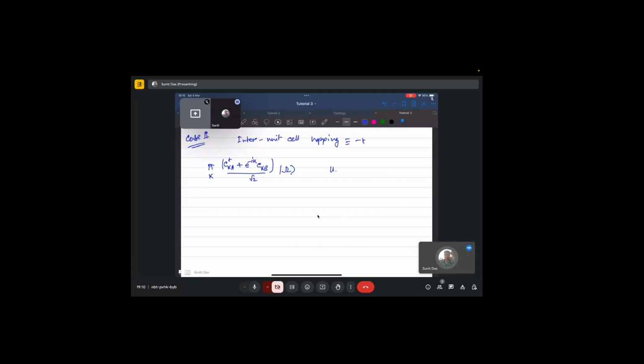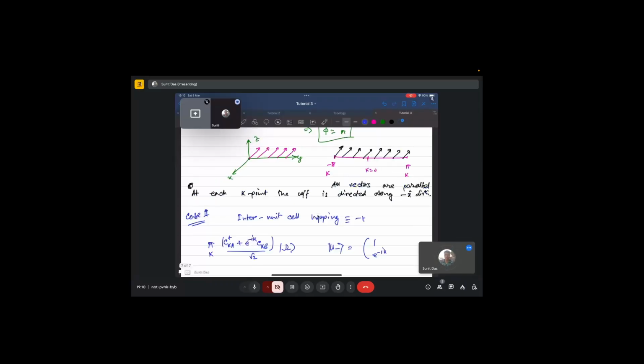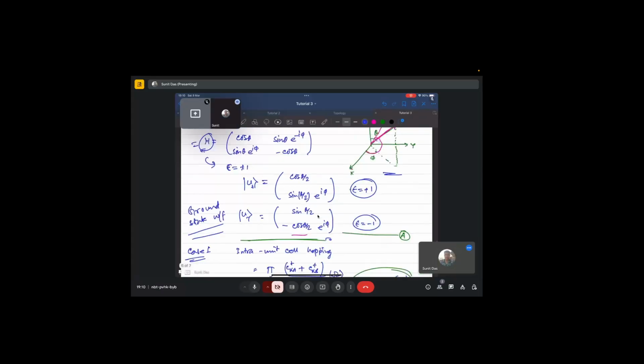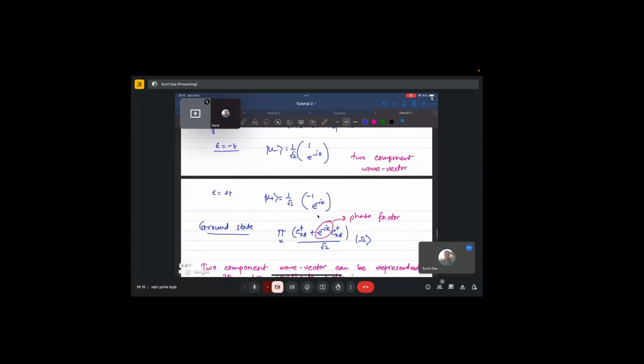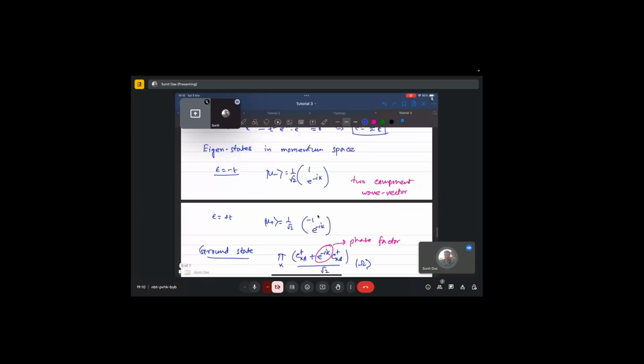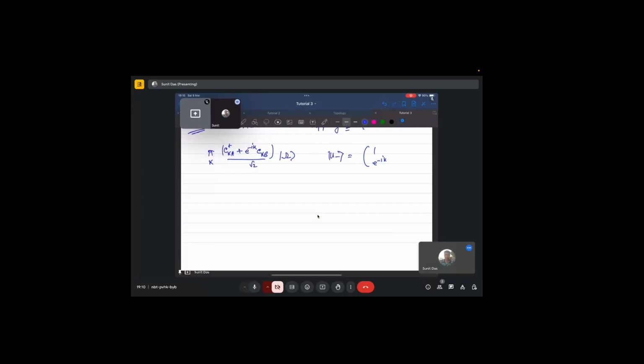Or we had u minus equal to 1 by root 2 e to the power minus ik. So this was the case.